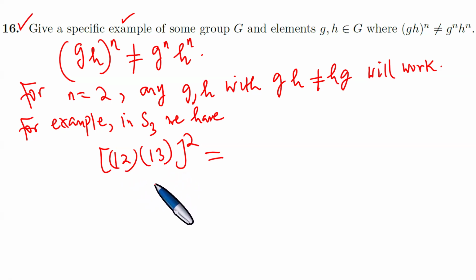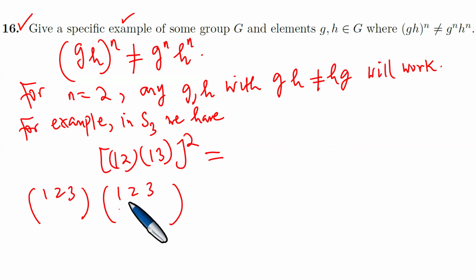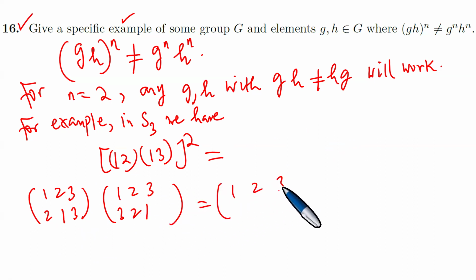Now let us look at this particular presentation. 1, 2, 3. 1 goes to 3, 3 goes to 1, 2. We have 2 goes to 1, we have 3, 3 goes to 1, and 1 goes to 2.